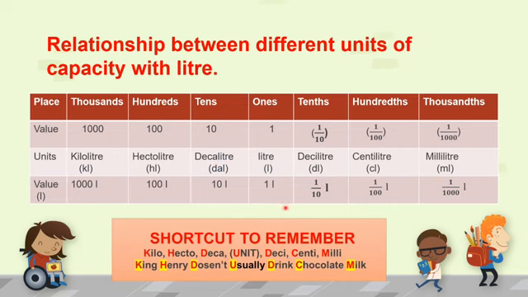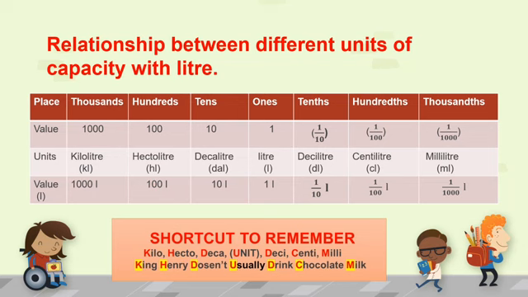To remember this, just remember this sentence: King Henry doesn't usually drink chocolate milk, and then from the initial letter you will always connect to the first letter of your unit, and you'll always remember the units in order, and your chart will never go wrong, and so your place value will never go wrong, and then your relationship between the units will never go wrong.